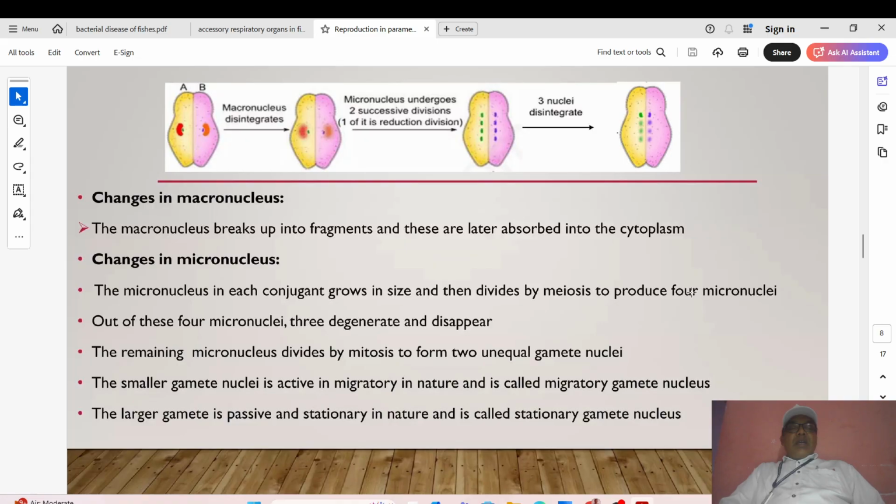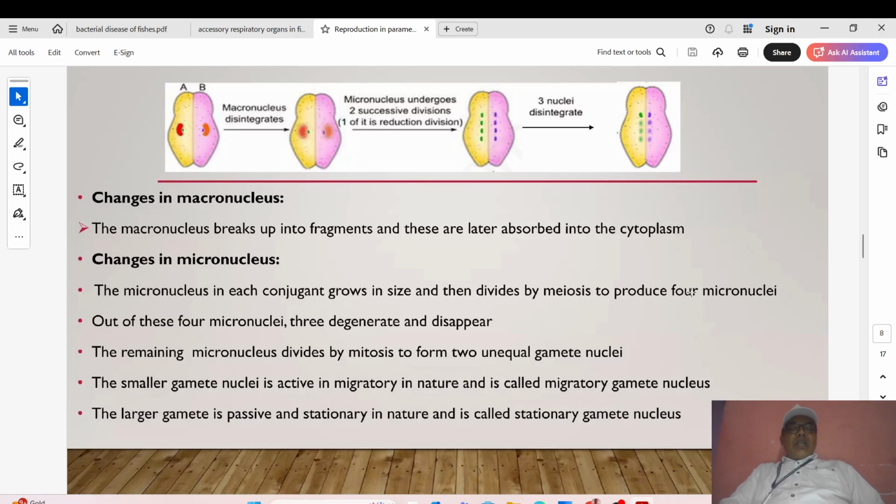The micronucleus in each conjugant grows in size and then divides by meiosis to produce 4 micronuclei, and these are haploid. Out of these 4 micronuclei, 3 degenerate and disappear. The remaining single micronucleus divides by mitosis to form 2 unequal gametic nuclei.